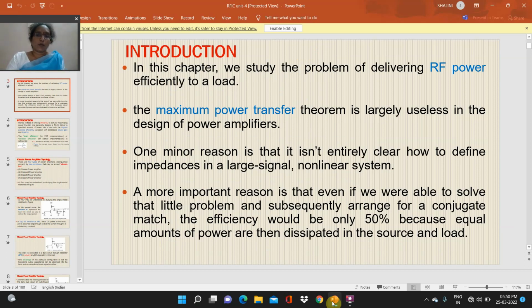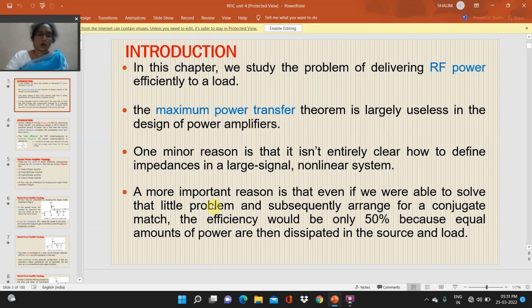In this chapter we study the problem of delivering RF power effectively to a load. The maximum power transfer theorem is largely useless in the design of power amplifiers. One minor reason is that it isn't entirely clear how to define impedances in a large signal nonlinear system.